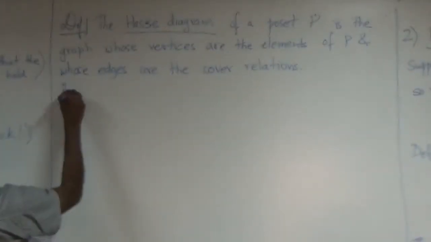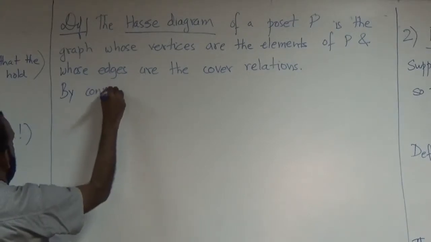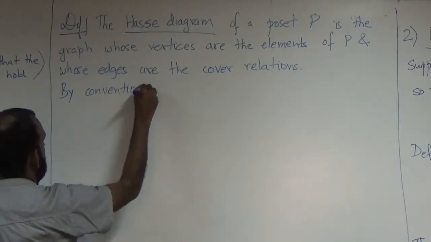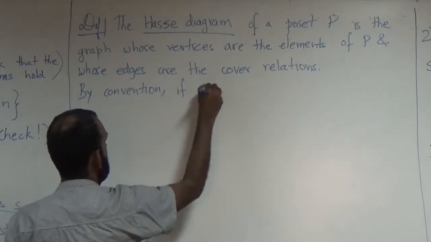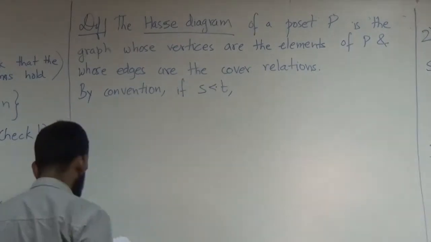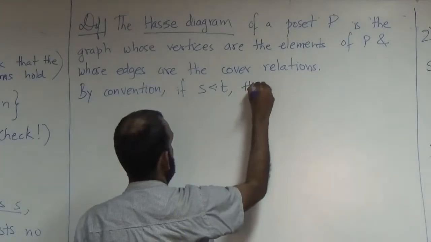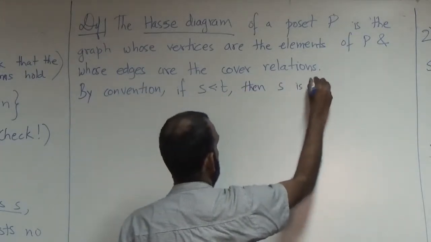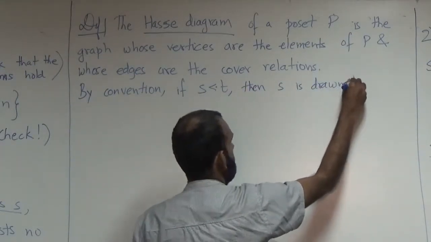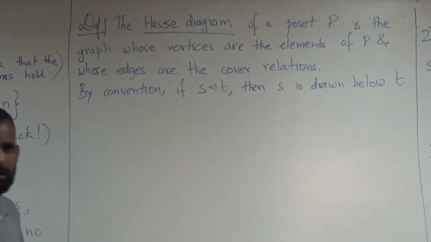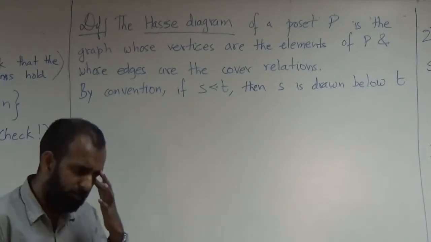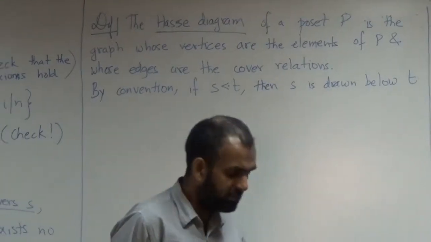By convention, if T covers S, then S is drawn below T. So remember that a graph consists of vertices and edges.